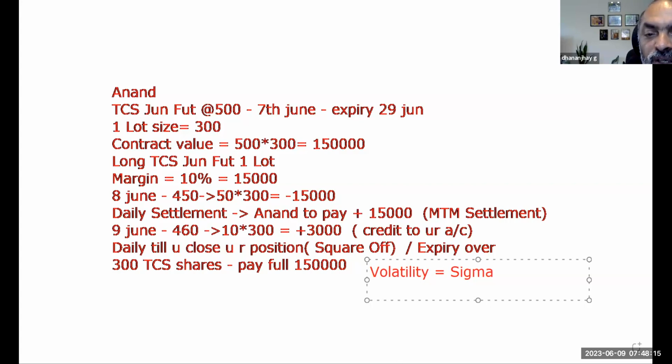If you don't want to calculate it, you can go to the NSE website, which will give you most probably the volatility of each instrument.